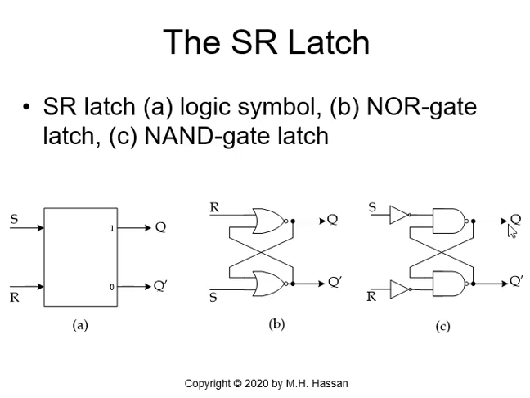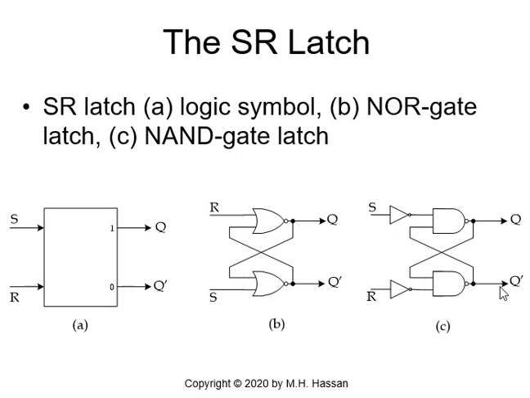Now when Q is 0, and we are applying 1 and 1 to the NAND gates, let's look at the upper NAND gate first. We have 0 NAND 1. 0 NAND 1 will give me a 1. 1 NAND 1 will give me the output here, a 0.